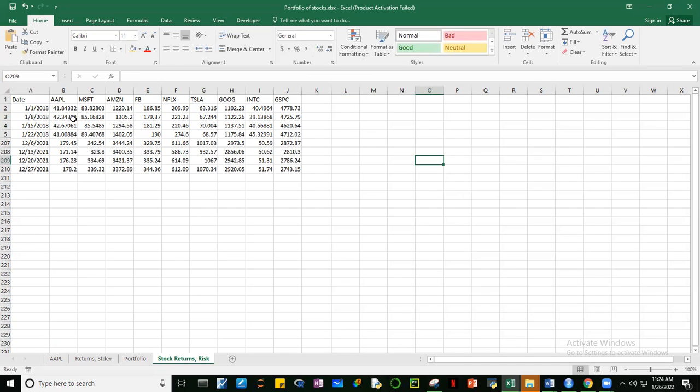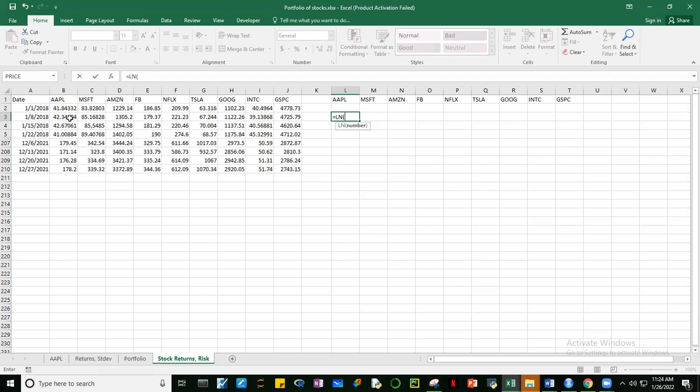So let's copy. Control C, Control V. Copy natin guys yung mga ticker symbol natin. And then let's compute for the returns. Let's use the log returns. So this is simply equal to ln, natural logarithm natin ang ginagamit.